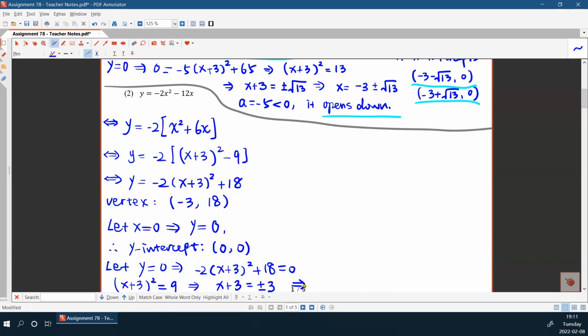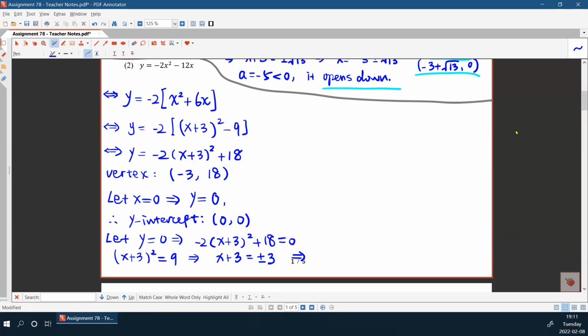Which means x is either 3 minus 3, that is 0, or x is -3 minus 3, which is -6. And therefore, the x-intercepts are 0, 0, and -6, 0, right?